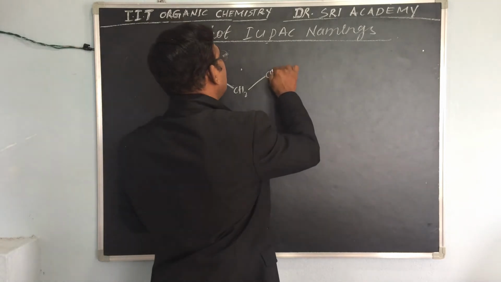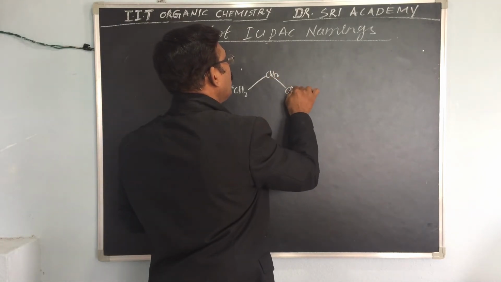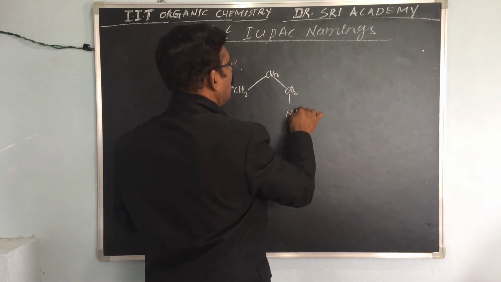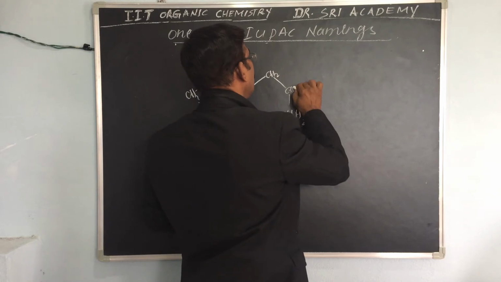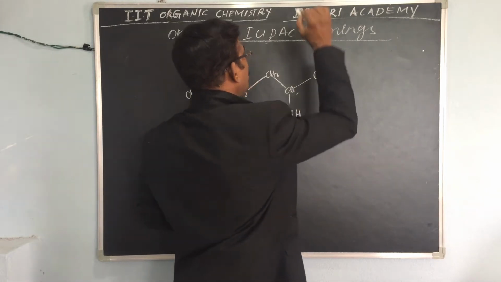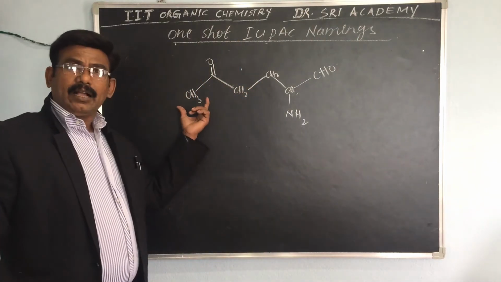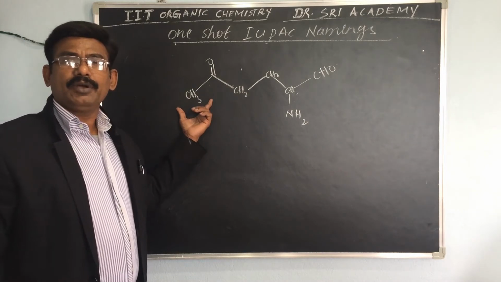Amine is also a functional group. Then the CHO group. So this is the compound. How can you give this name?